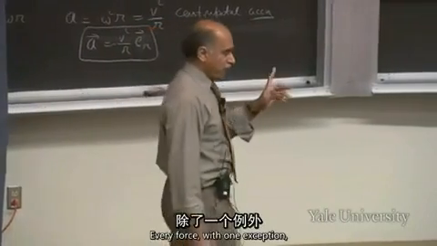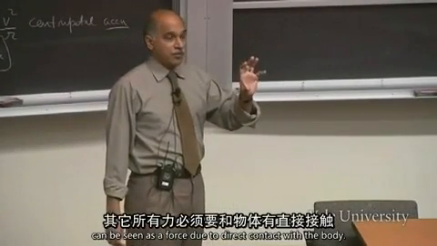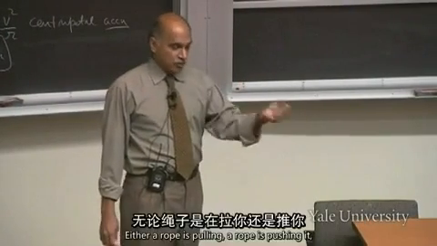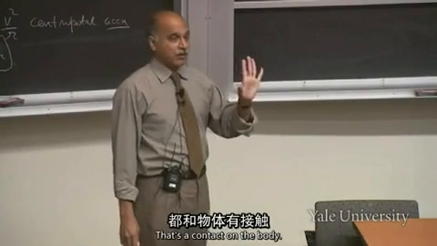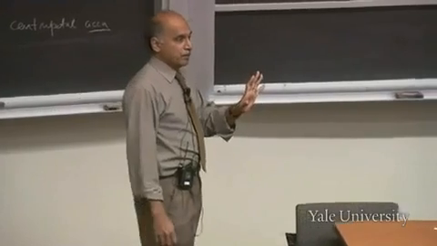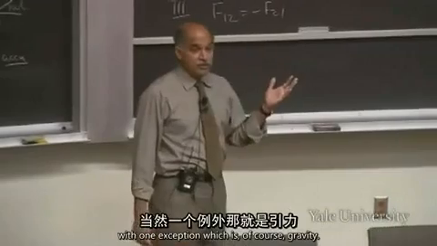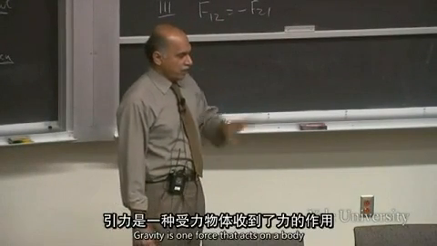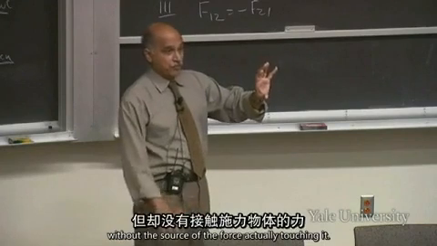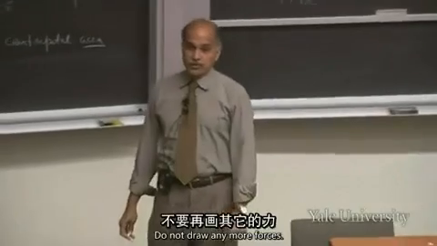Every force, with one exception, can be seen as a force due to direct contact with the body. Either a rope is pulling it, rope is pushing it, you're pushing it, you're pulling it. There's a contact on the body. If nothing is touching the body, there are no forces on it, with one exception, which is, of course, gravity. Gravity is one force that acts on a body without the source of the force actually touching it. That's it. Do not draw any more forces.